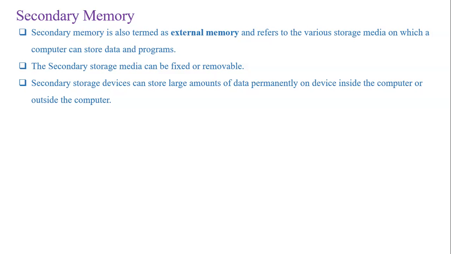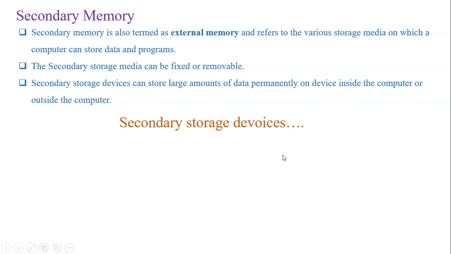So secondary memory, called external memory, backup memory and auxiliary memory, stores a large amount of data compared to primary memory, and this storage can be permanent. It stores data inside the computer and also outside the computer. Outside, in the sense that we have many devices where we can store data.